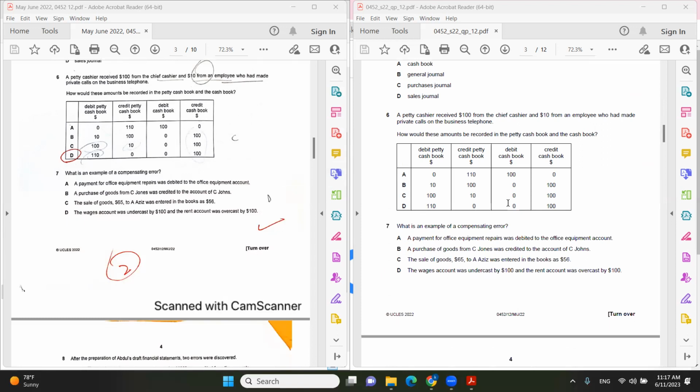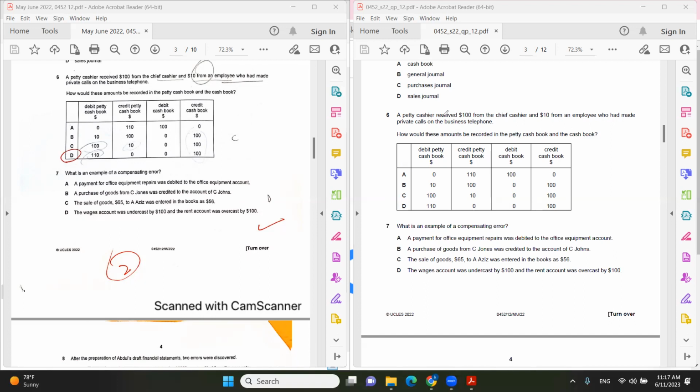Question 6. A petty cashier received 100 from the chief cashier, and $10 from an employee who has made a private call on the business telephone. How would this amount be recorded in the petty cash book and the cash book?